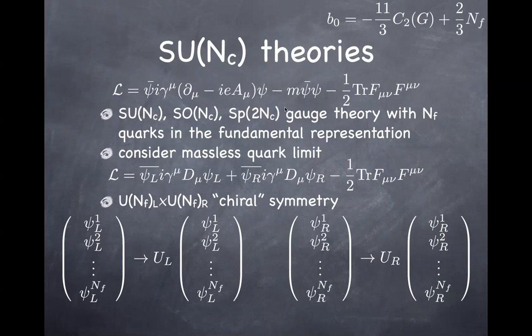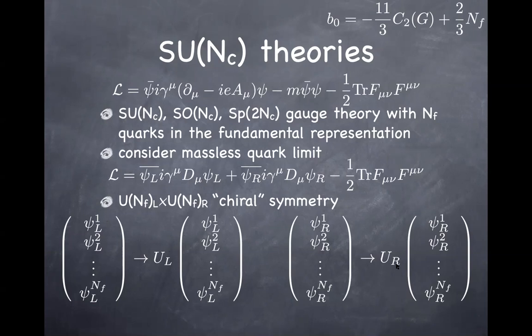If you imagine that you have N_F, the number of flavors, N_F Dirac fermions in this theory, then psi_L comes with N_F species going from 1 to N_F in a column vector. This kinetic energy term of the Lagrangian is invariant under an arbitrary U(N_F) by U(N_F) unitary rotation, which is denoted by U_L on this slide.